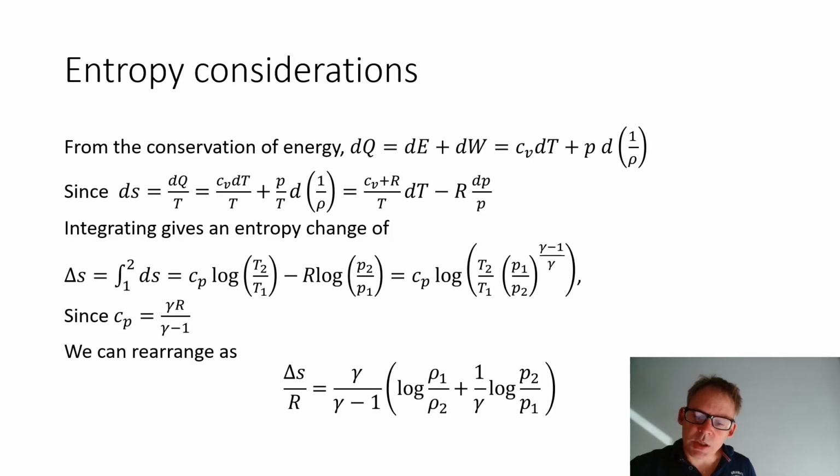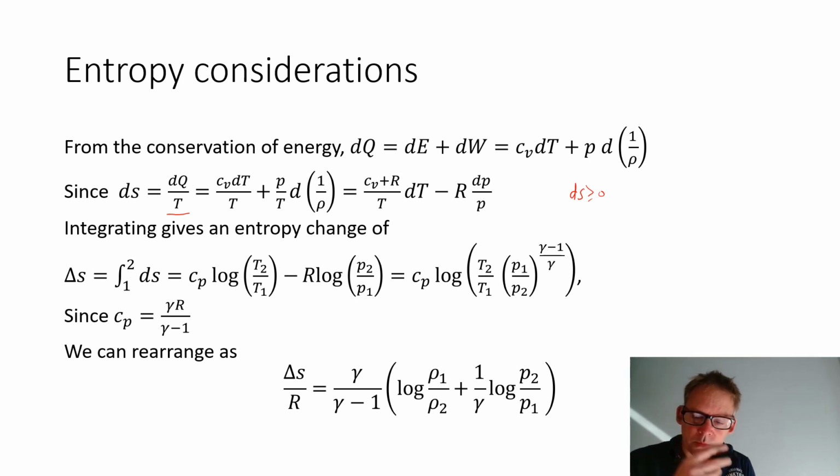Now, one of the constraints we need to take into account is what happens with entropy. As we said before, entropy is the amount of heat added divided by T, so dq over T, and it has a very important constraint that it can't decrease in time.